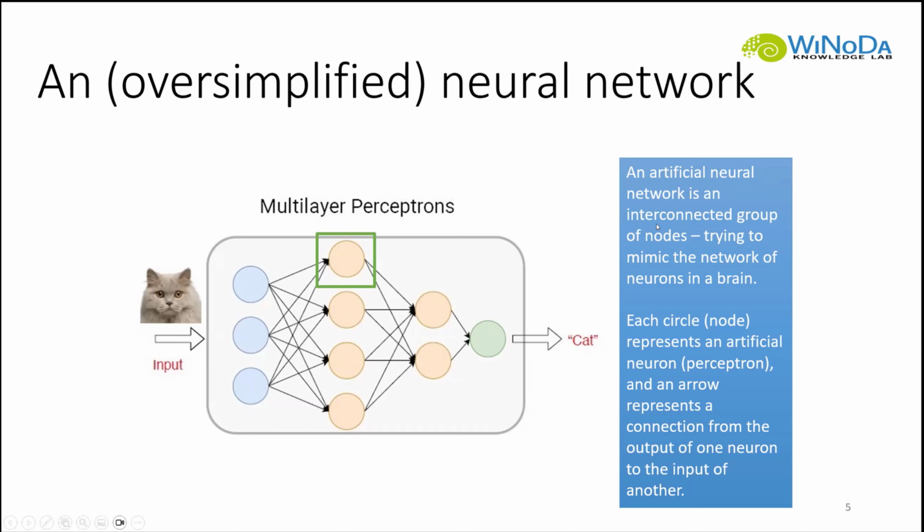Good. So, a more or less general definition: an artificial neural network is an interconnected group of nodes, which are these circles here. The whole setup is supposed to mimic the human brain. Also in your brain, you have these neurons or nodes, and they're connected to each other through what we depict here as arrows, so some links or connections.